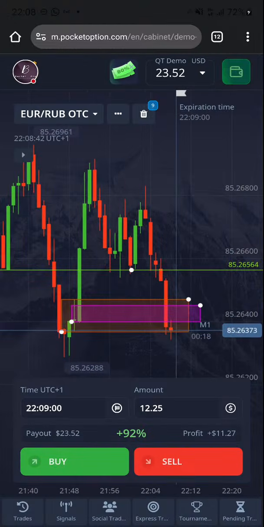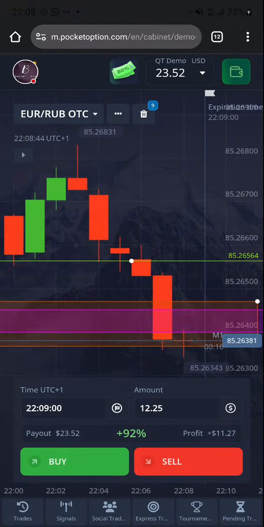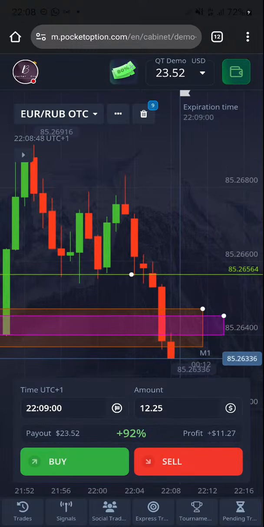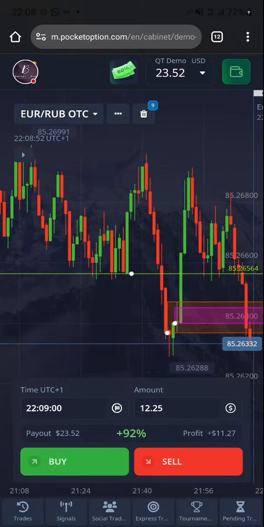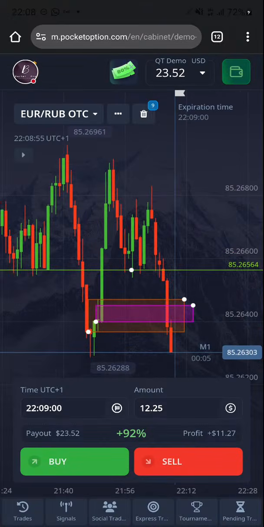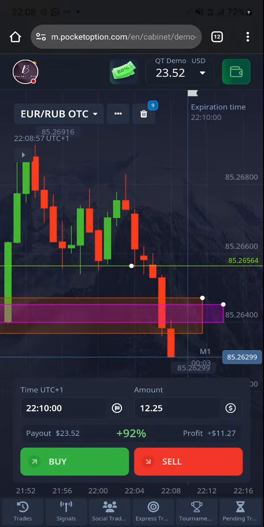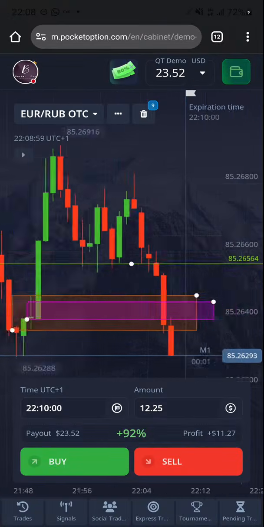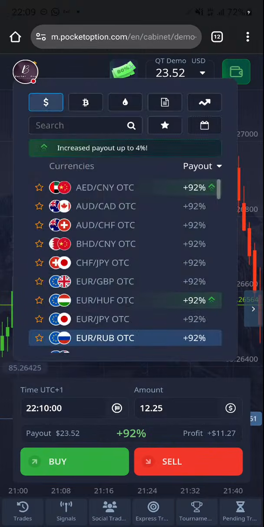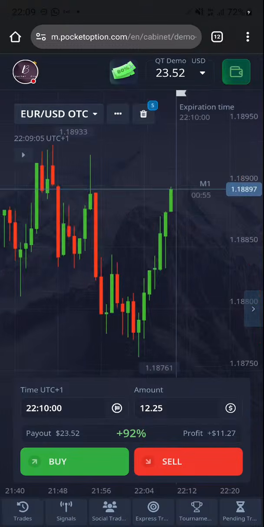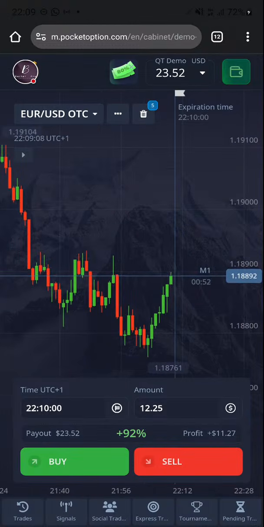So normally, what should happen is that price will pull into this entry and push back and give us a very long wick inside here, but they are not doing that right now. You understand? And all the indicators that the buyers should come in here, it's just making the sellers come in. So this market is bad. We're not going to continue with this market. Let's check another market and see.